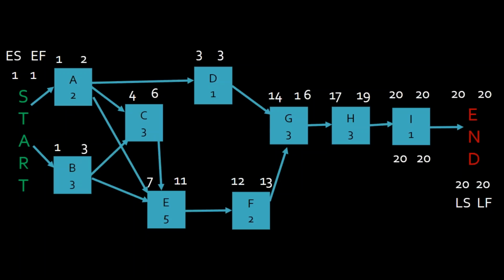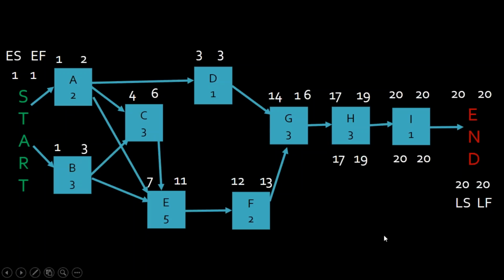It's 20 days. So on our backwards pass, the latest I can finish is day 20, which means the latest it can start is day 20. Take a look at this. There's no wiggle room at all. I'm going to point that out to you later. This task cannot move. It must happen when it's scheduled.